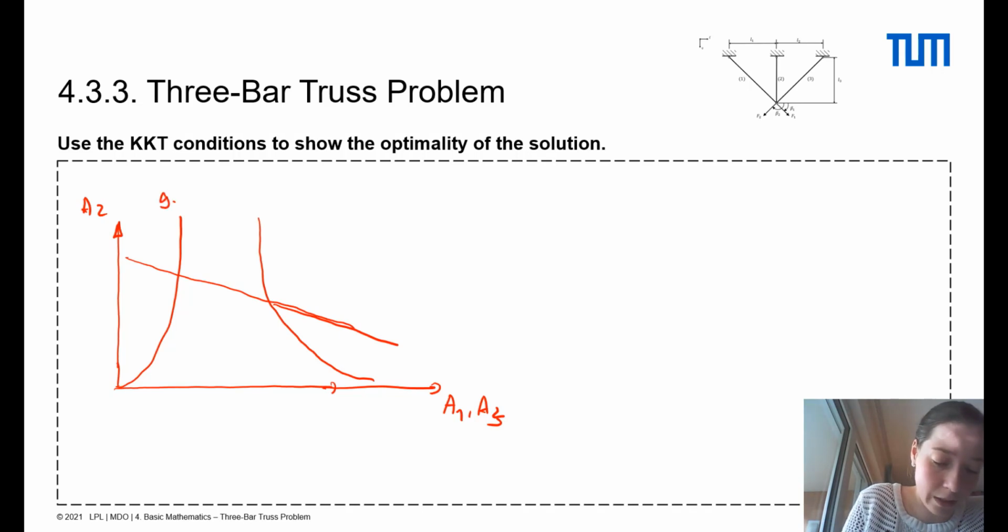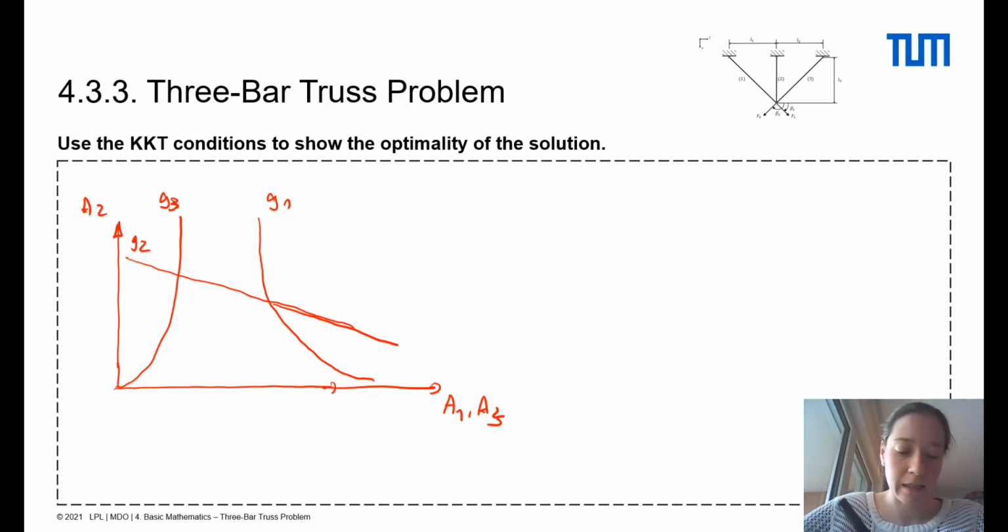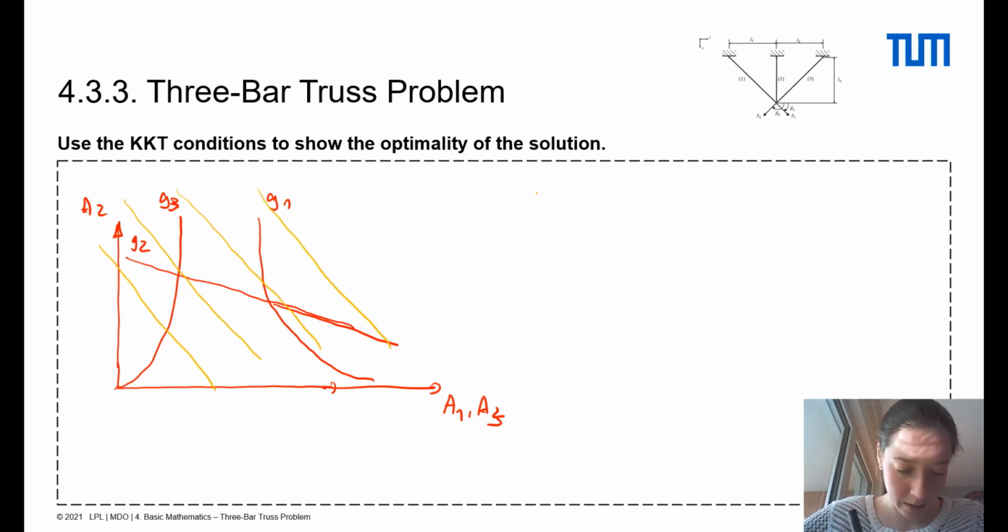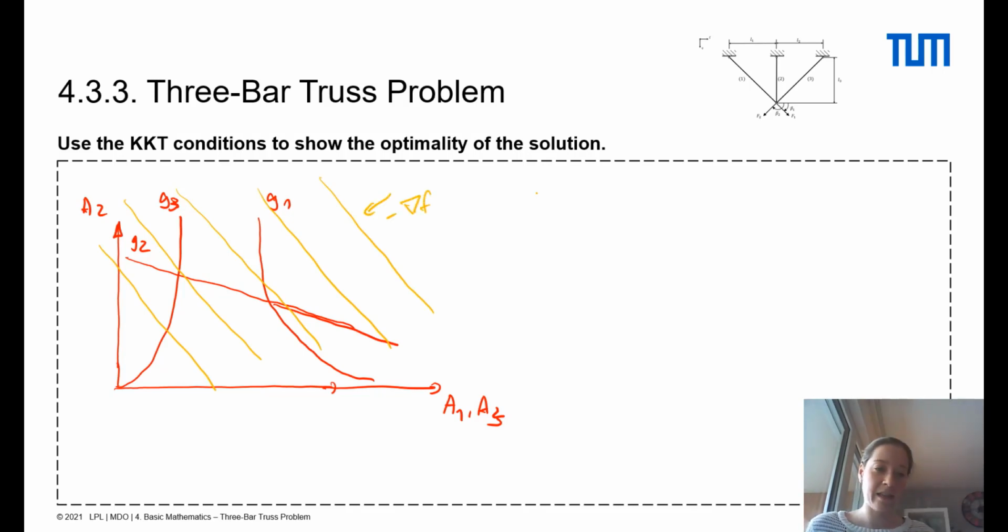This is g3, this is g1, and this is g2. That's basically the plot from before. We have our lines of decreasing gradient, so that's minus gradient f.